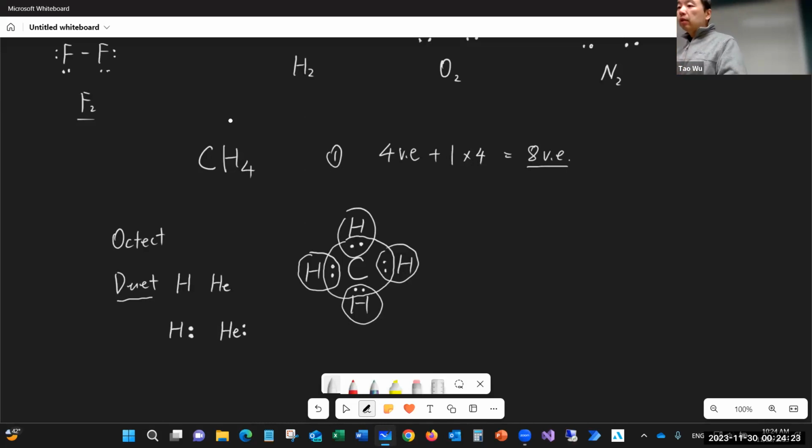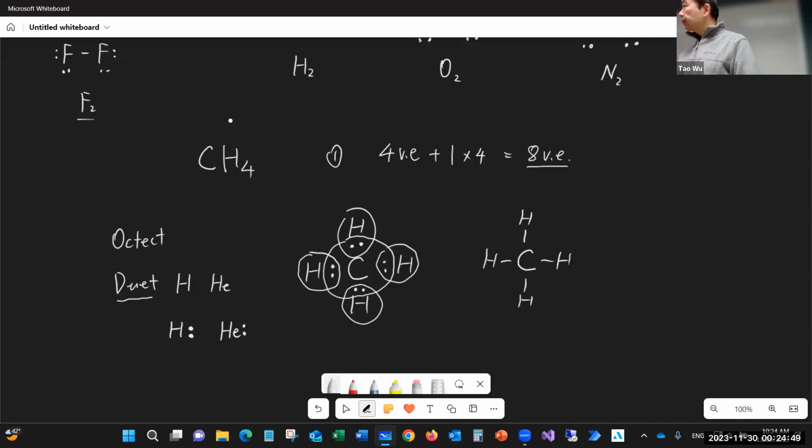The last part is to get rid of the shared electron dots and make a dash as a bond. So the Lewis structure for methane is one carbon with 4 hydrogens on the side and 4 dashes around it. That's it. This is the Lewis structure for methane.